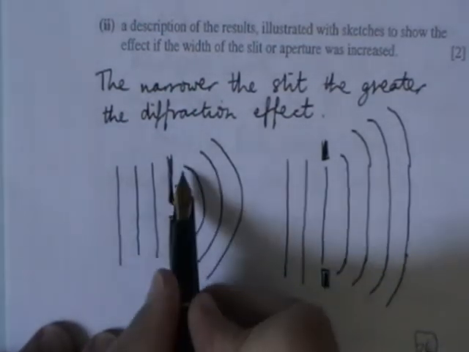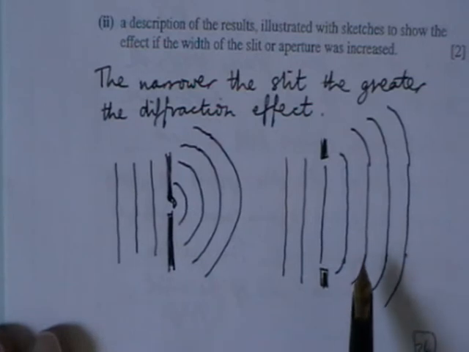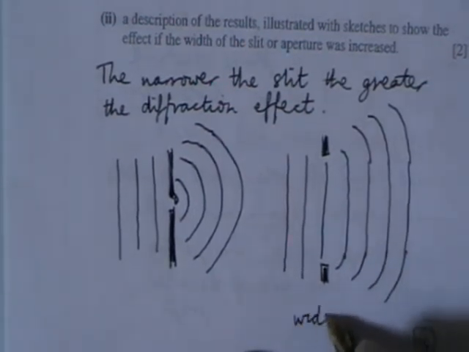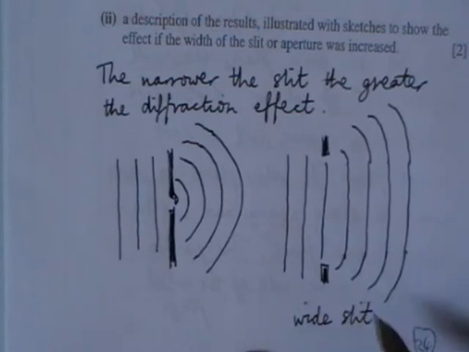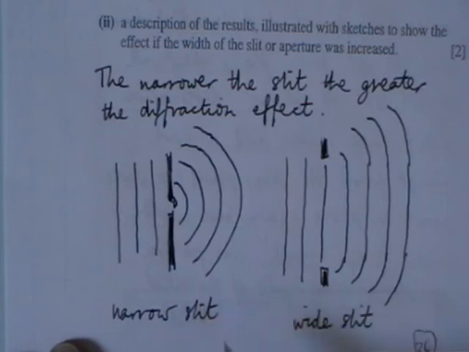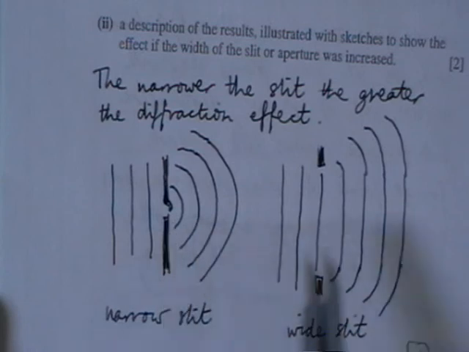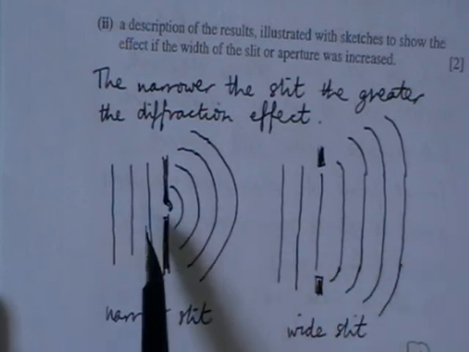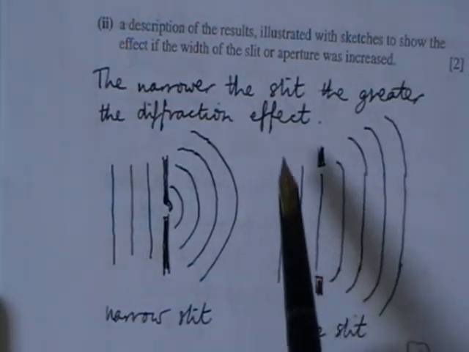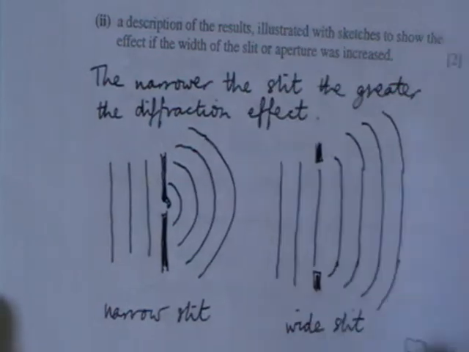So lots of diffraction here, and possibly even take that around a little bit further, more diffraction here. Just make sure that you label these as the wide slit and the narrow slit. Okay, so greater diffraction is observed whenever we've got a narrow slit. The slit must be in the order of magnitude of the wavelength in order to get this appreciable diffraction. And over here the waves travel straight and then diffract at the edges as they go through.